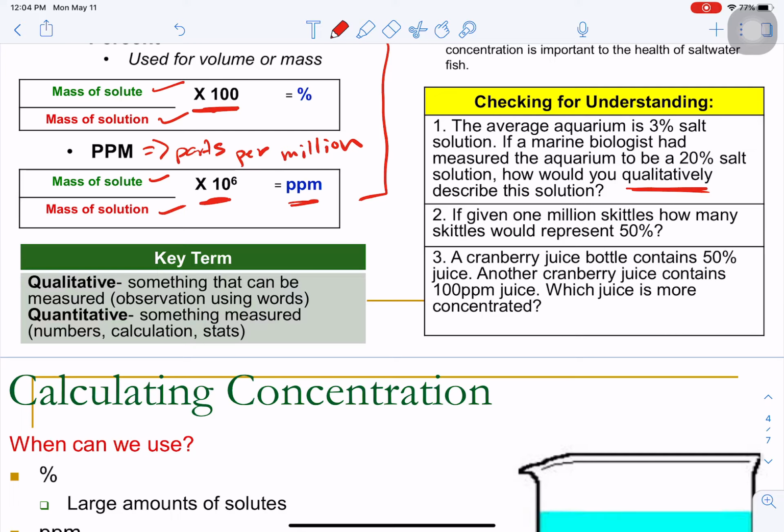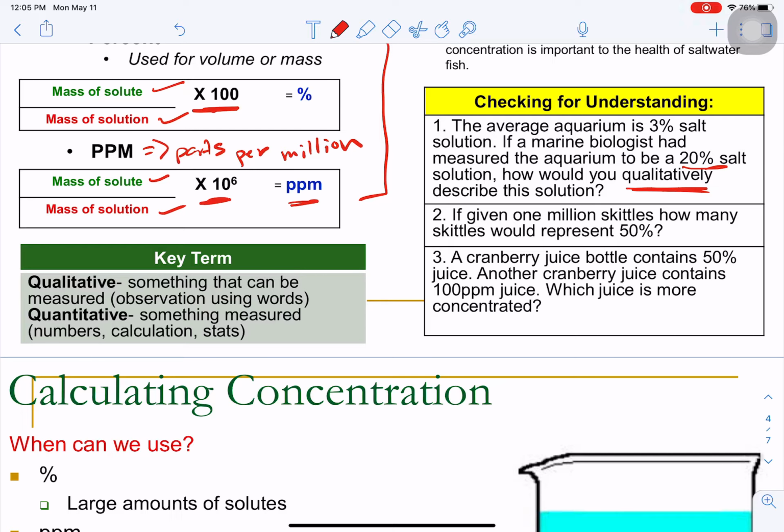You could say that the 20% salt solution aquarium is more concentrated. You're just saying it's more concentrated. That's qualitatively describing it. Something quantitative, remember, is an actual measurement. It can be measured. But you could say that the 20% versus the 3%, the 20% is more concentrated. Done. That's a qualitative observation.